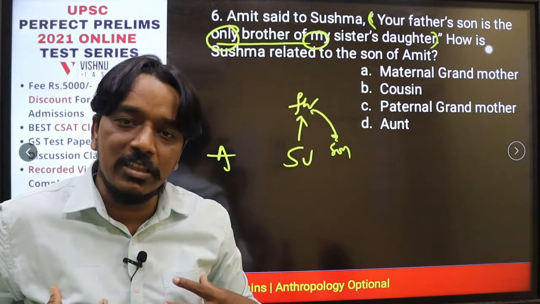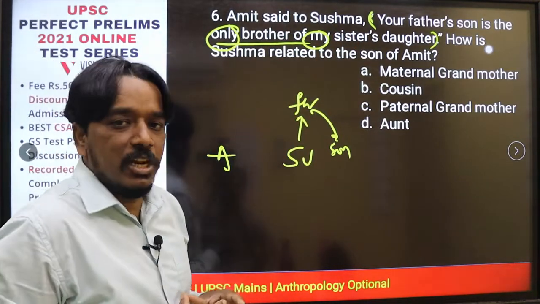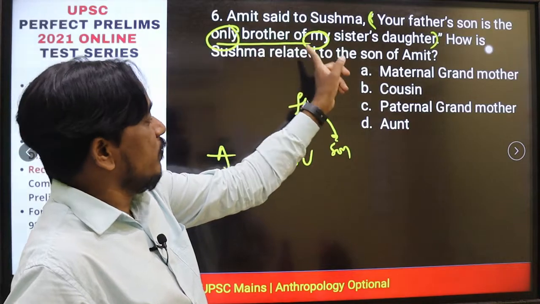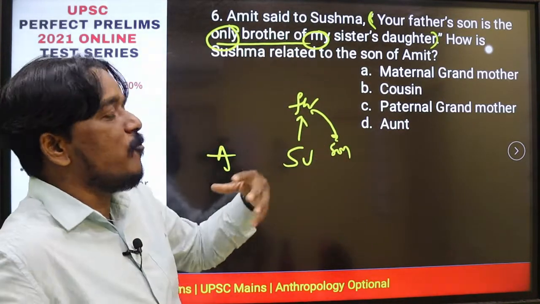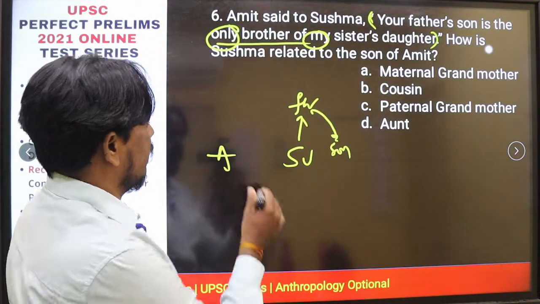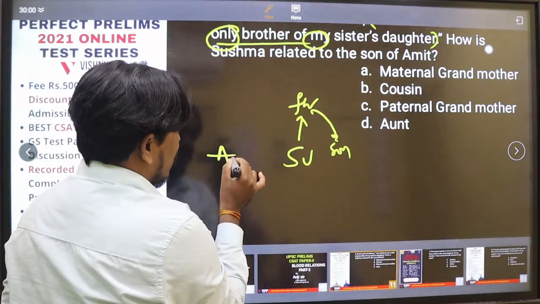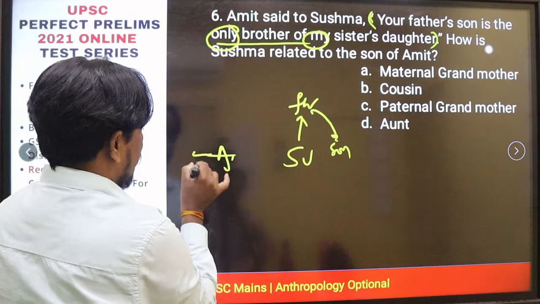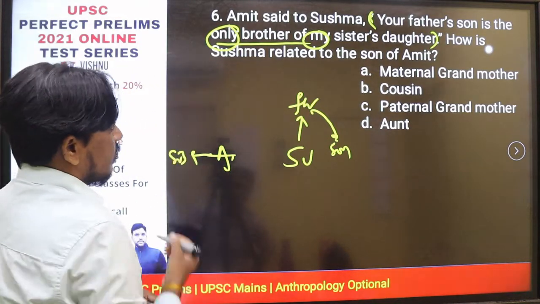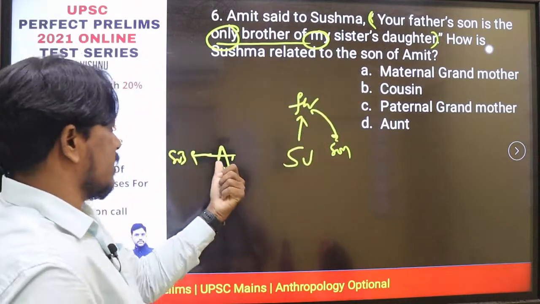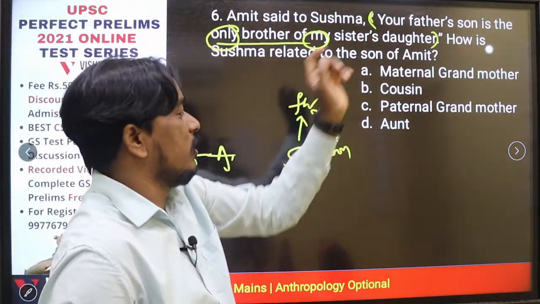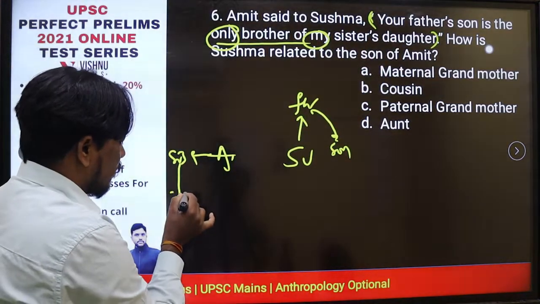"My" means who is telling this data? Amit is telling this data. So your father's son is the only brother of my sister's daughter. If you take Amit's sister, some person X is here. Amit's sister has one daughter.